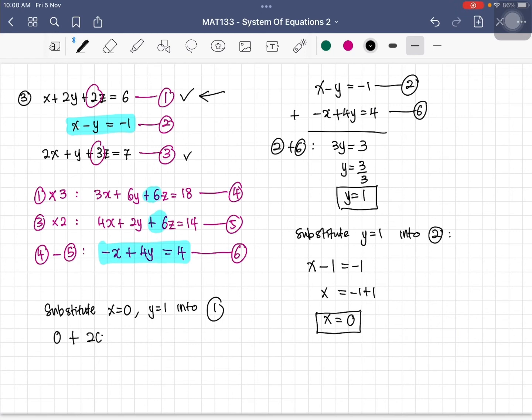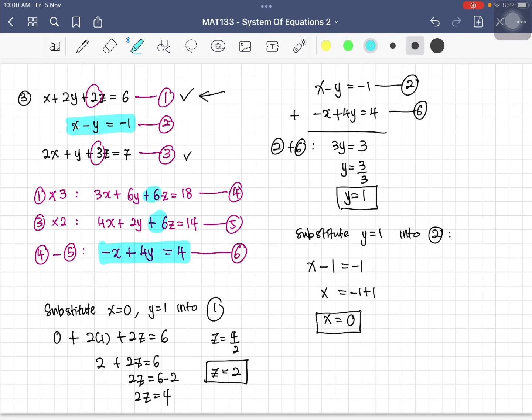Therefore, 2 multiplied by 1 plus 2z equal to 6. Solving this, 2 plus 2z equal to 6, so 2z equal to 6 minus 2. Therefore, I have 2z equal to 4. To get the value for z, I divide 4 by 2. Therefore, z is given by 2. So we obtain z equal to 2.